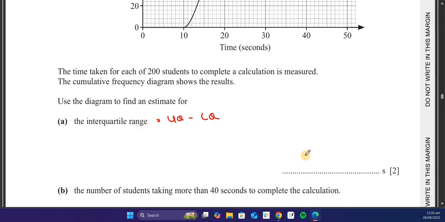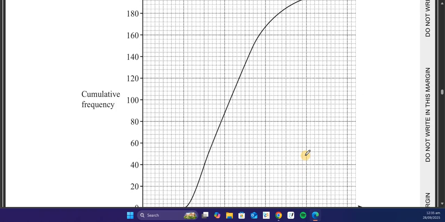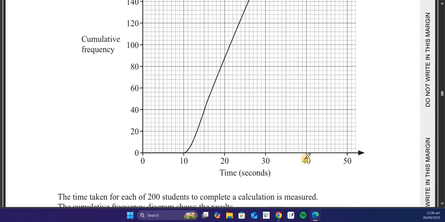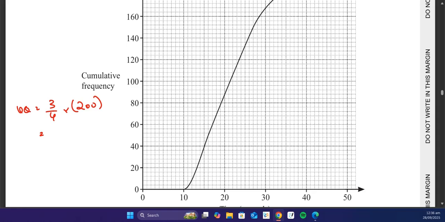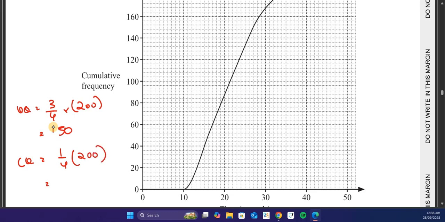Upper quartile is 3/4 of our total cumulative frequency, so 3 over 4 of 200, that means the 150th value. And lower quartile is 1 over 4, which would just mean the 50th value.